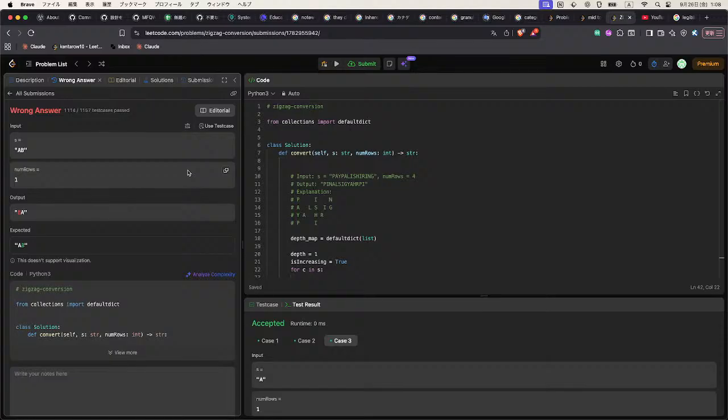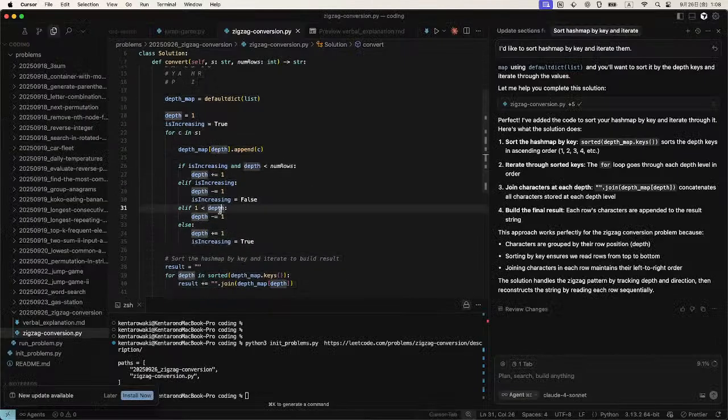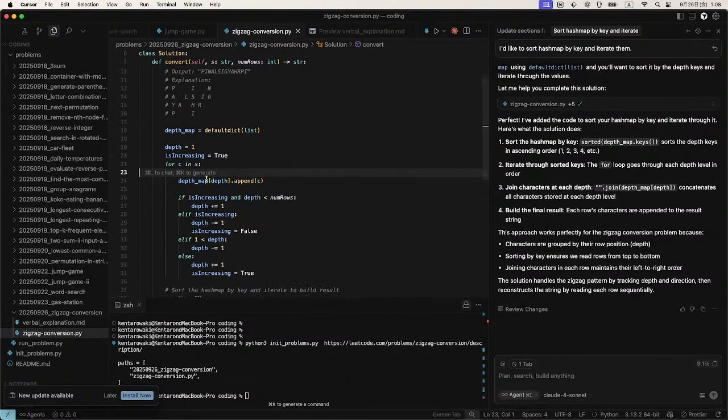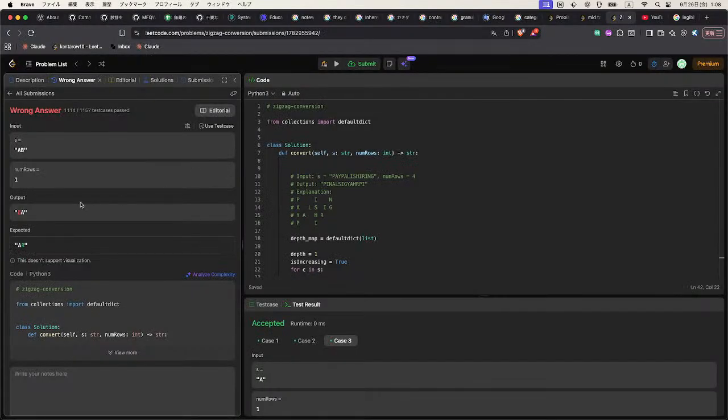Long answer. A, B, A, B, A, B. Okay, A, B. And the number of rows is 1.